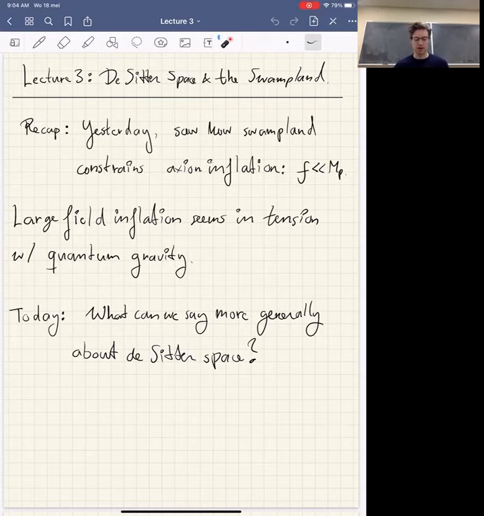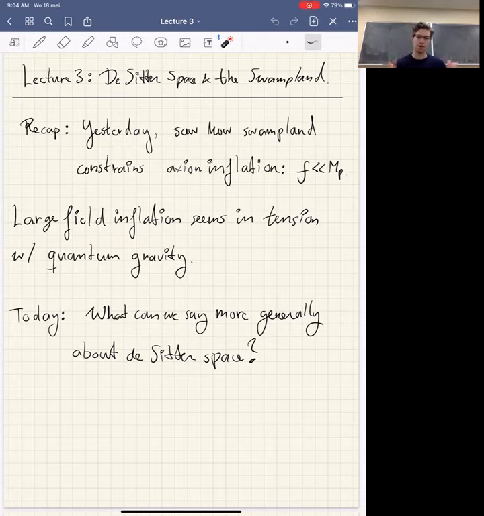So yesterday, we particularly focused on axion inflation, which is a good candidate to drive a period of inflation in the early universe. In particular, we saw that the Swampland seems to constrain this axion decay constant to be sub-Planckian. This makes it difficult to realize, at least in this model, a period of large field inflation, which therefore seems to be in tension with quantum gravity.